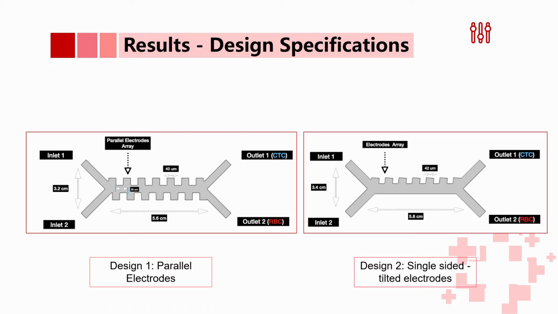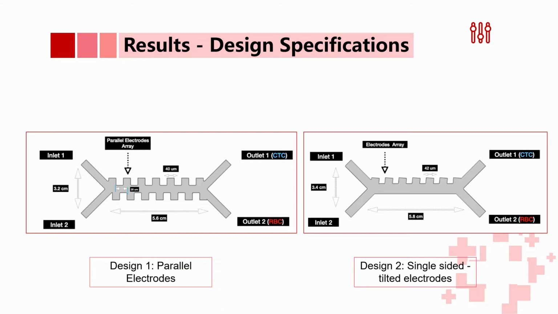So in this project, we could successfully design two functional devices that could perform the separation of cancerous cells from normal cells. If we look at the designs, they have almost similar dimensions, and the inlets and the outlets are the same. We have two inlets and two outlets, one for the cancerous cells, CTCs, and the other for the red blood cells.